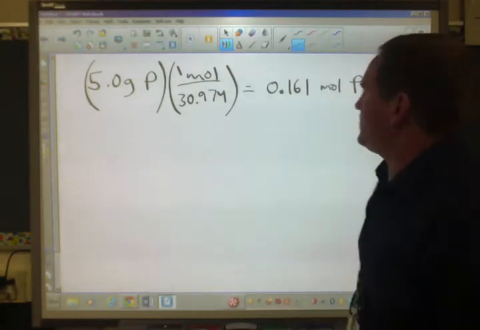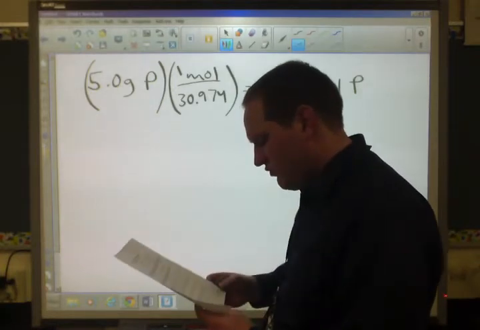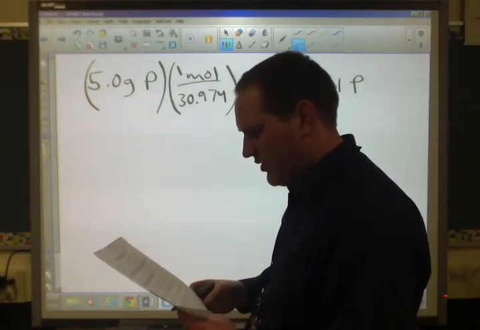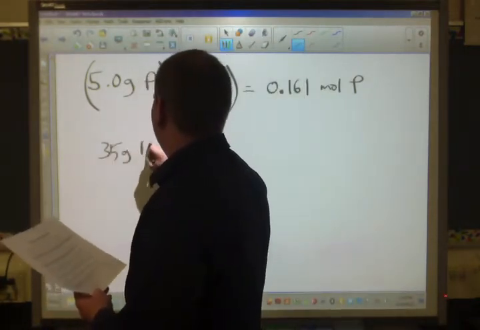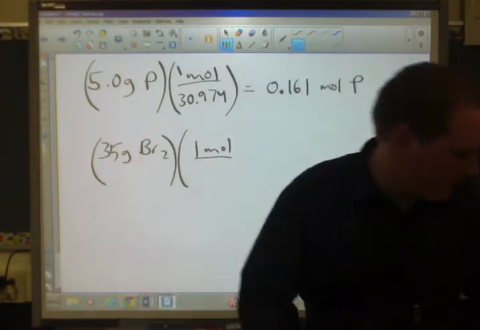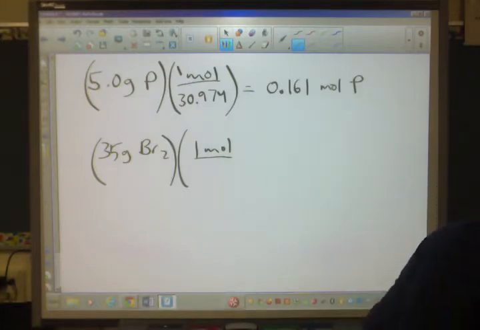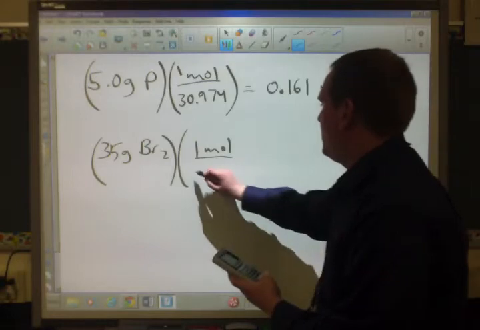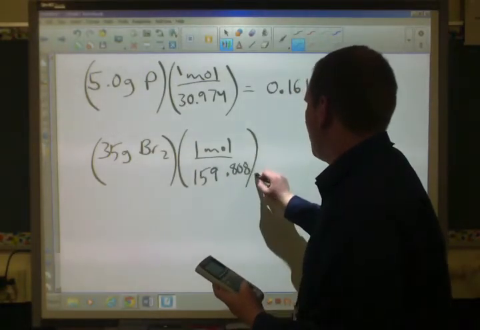Moles of phosphorus. And for my bromine, remember it's bromine gas, or it might be bromine liquid, but either way, bromine's a Brinkelhoff. So we're going to get 35 grams of Br2 times 1 mole over, remember to double the molar mass of bromine because there's 2 of them, 79.904 times 2, 159.808 grams.